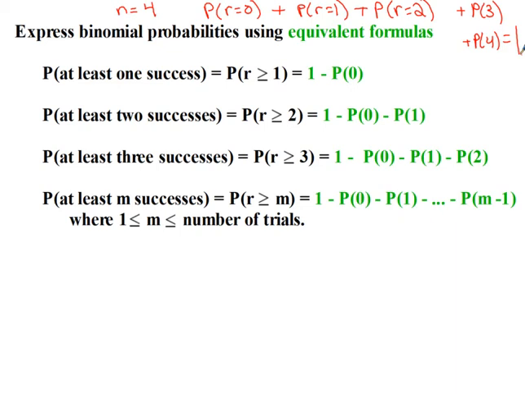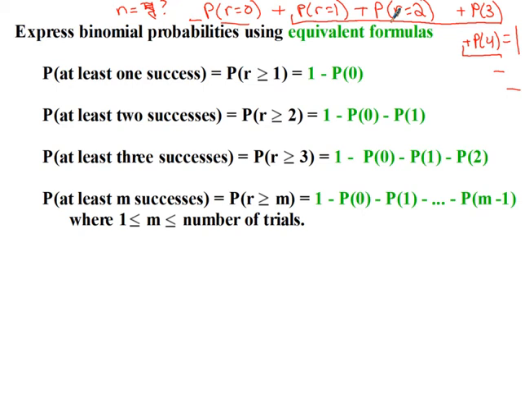So if I wanted at least 1, which would be 1, 2, 3, and 4, I could add up those 4 values, or I could take this away from both sides and go 1 minus the probability of 0 successes. Where it helps out is if we don't know what n is, have no clue, which would be difficult in this situation because n could be anything it wants and go on forever.